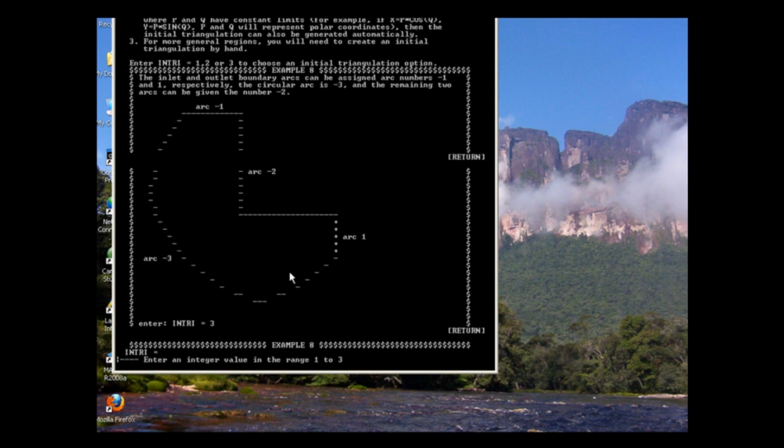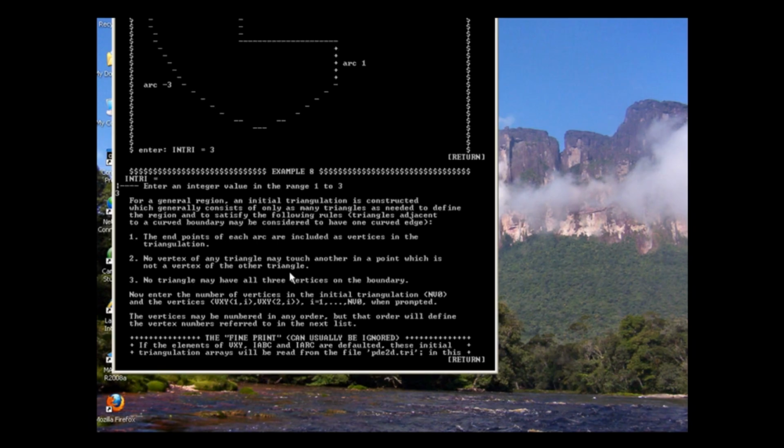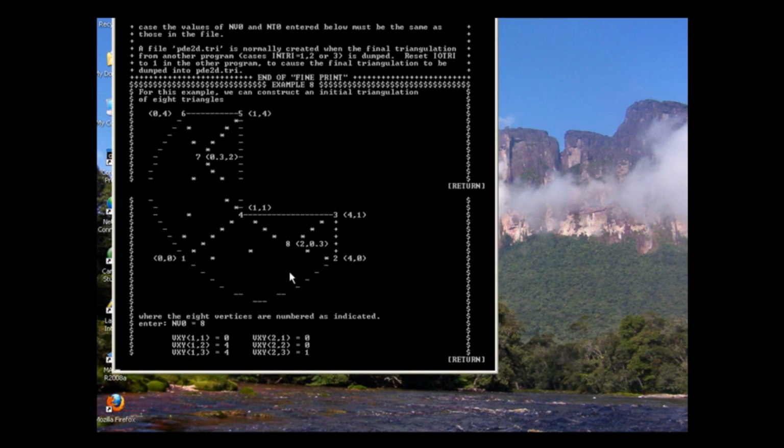The user basically defines the region through an initial triangulation. For rectangular or simple regions, the initial triangulation can be defined automatically for you. Here we will define the initial triangulation by hand. I'm actually going to read the data from a file I prepared beforehand called pd2d.in. If I input a pound sign, it will start reading from this file until it encounters another pound sign.